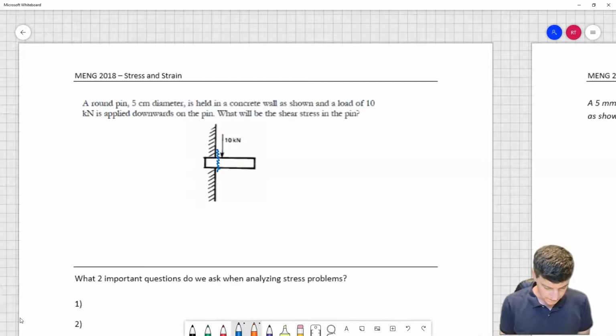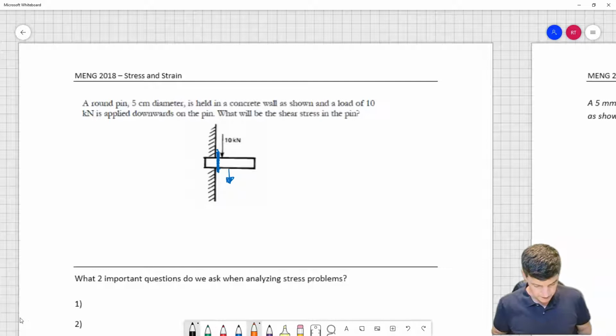And what would happen is this entire section of pin would fall downwards, which means that I would have a sliding failure in this section. Okay, so shear is the stress that would be acting on that section.